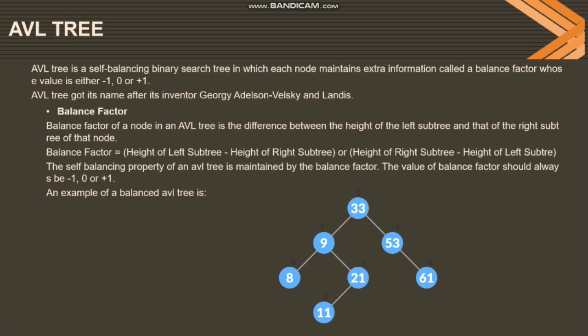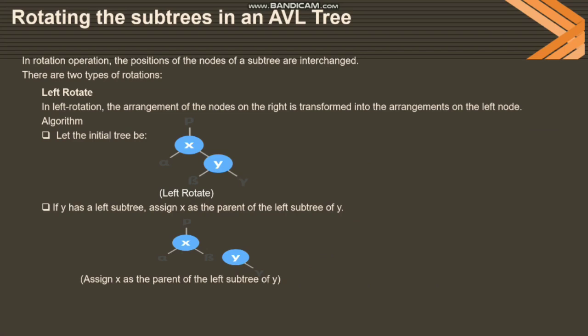The self-balancing property of an AVL tree is maintained by the balance factor. The values of balance factor shall always be -1, 0, or +1. An example of a balanced AVL tree.